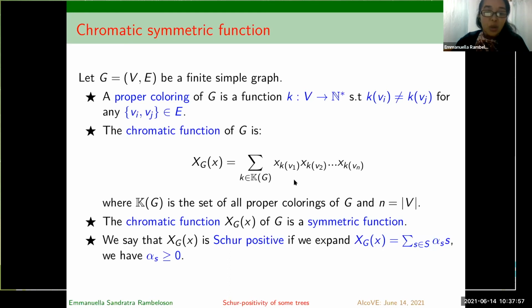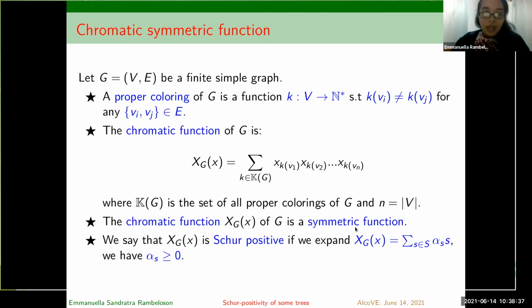This sum here is the sum of all monomials defined by all proper colorings of J, which means the sum of x_κ(v1), x_κ(v2), and so on, x_κ(vn), where n here is the number of vertices of J, or the size of V, and κ is a proper coloring of J. By using the definition of a symmetric function, a chromatic function, and also a proper coloring, we should see that the chromatic symmetric function of J is a symmetric function.